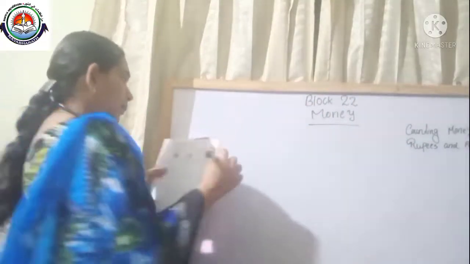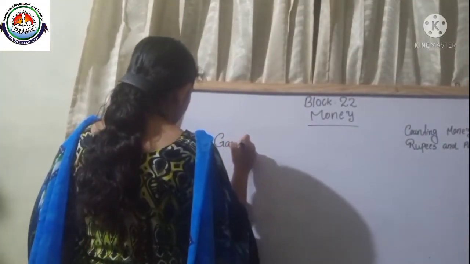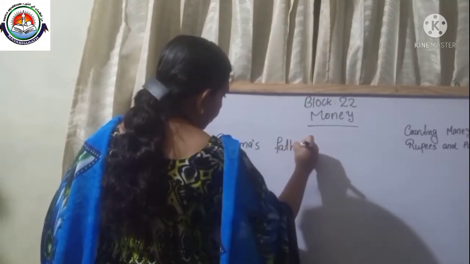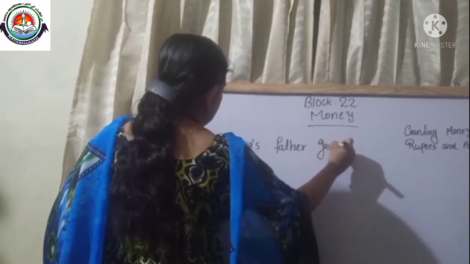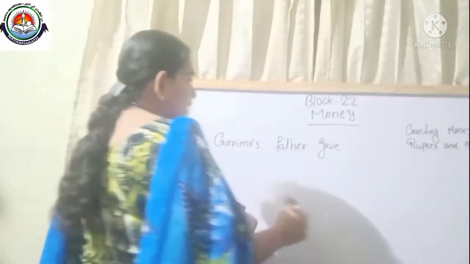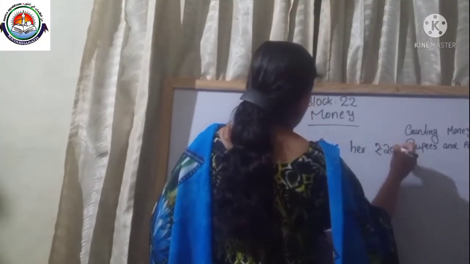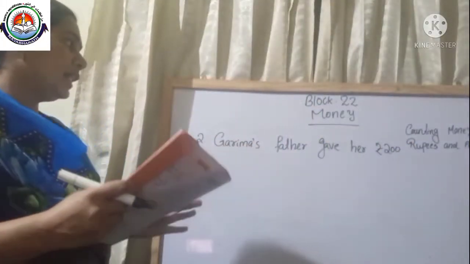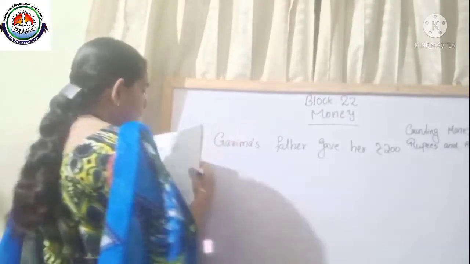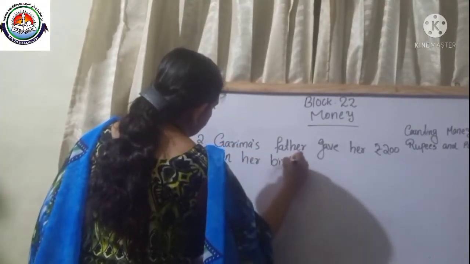Garima's father gave her rupees 200 on her birthday.